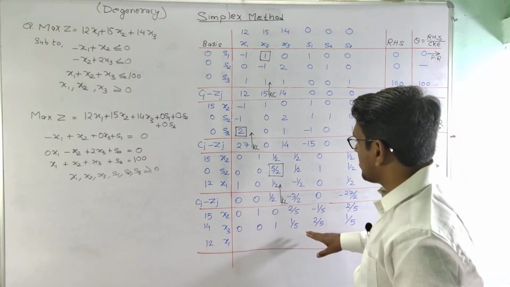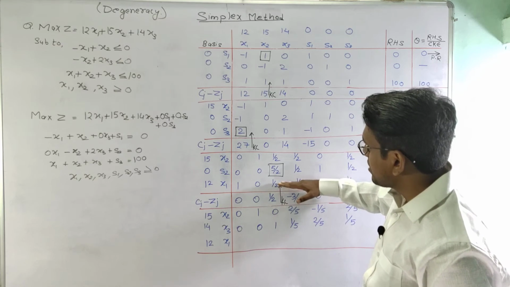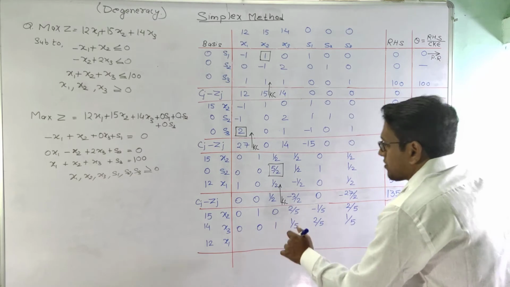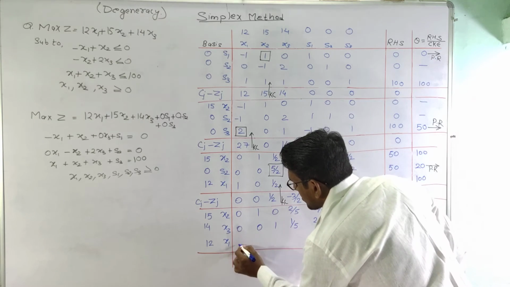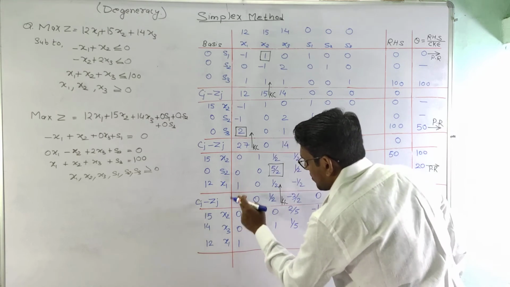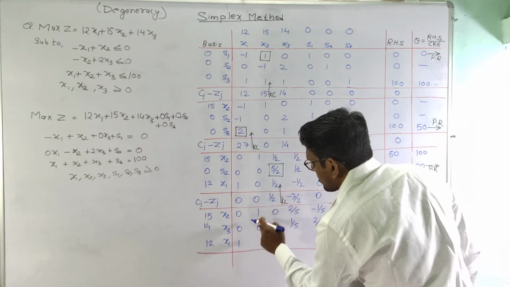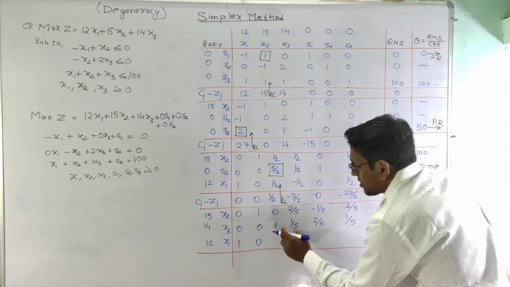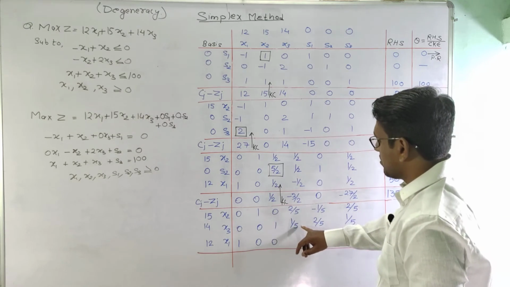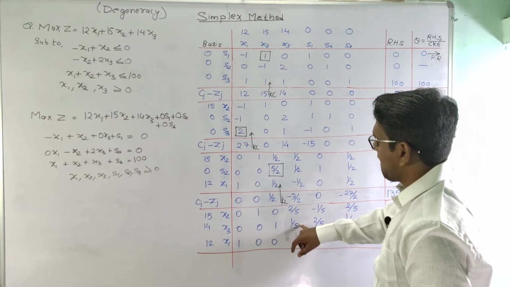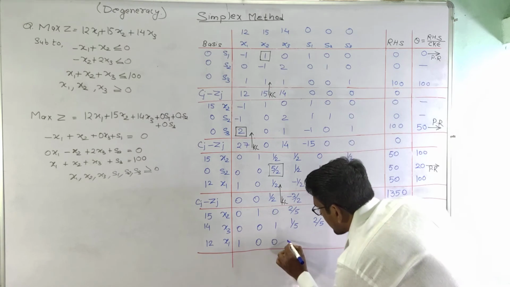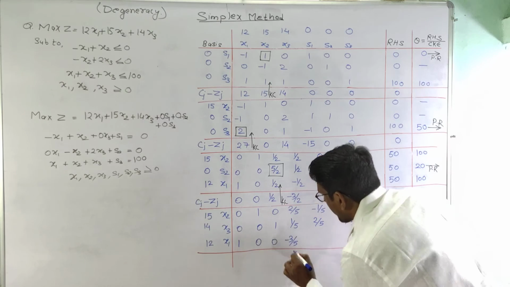Similarly here also I'll do the same operation, that means row 3 minus 1/2 times of row 2. So this will give me 1 minus 1/2 times of this is 0. 0 minus 1/2 times of 0, 1 minus 1/2 times of 0 is 0. 1/2 minus 1/10, this is I think 3/10, minus 3/10, minus 3/5.